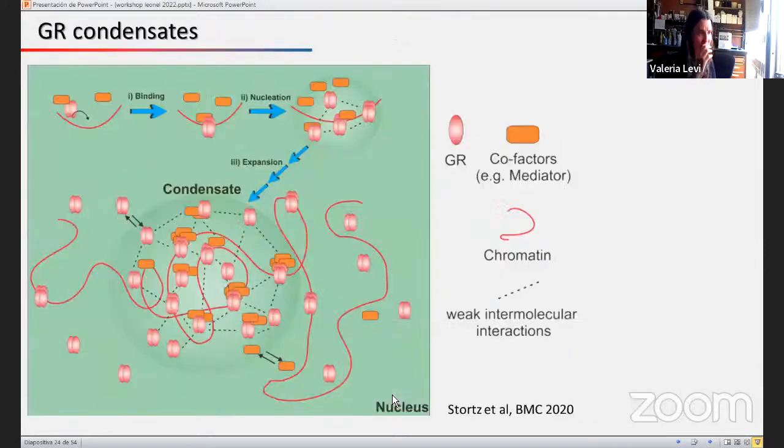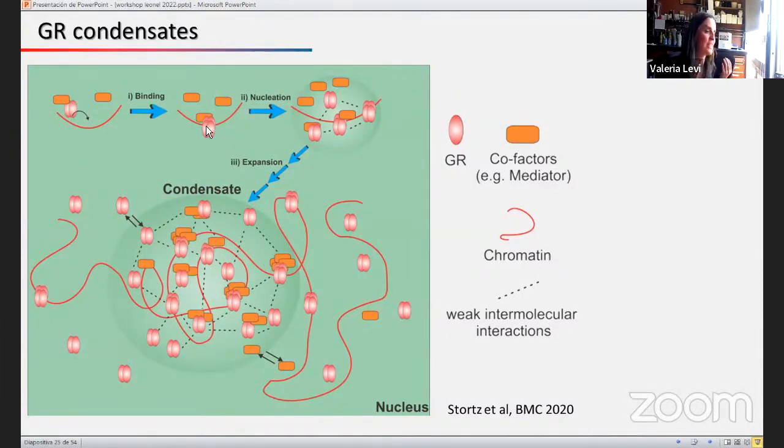The overall idea is that by using FCS and line FCS or scanning FCS methodologies at the level of these foci, we could determine that for forming the foci, you need an initial interaction of the active receptor with certain regions of the chromatin.